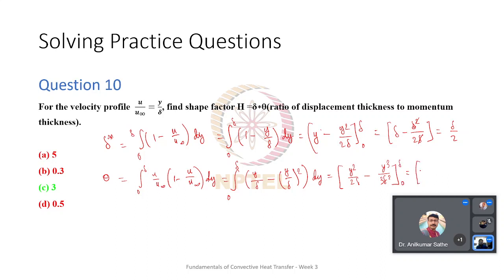Plugging in the values, this becomes delta squared by 2 delta minus delta cubed by 3 delta squared. Simplifying, it becomes half minus 1/3 into delta, and half minus 1/3 is nothing but 1 by 6. So this becomes delta by 6.